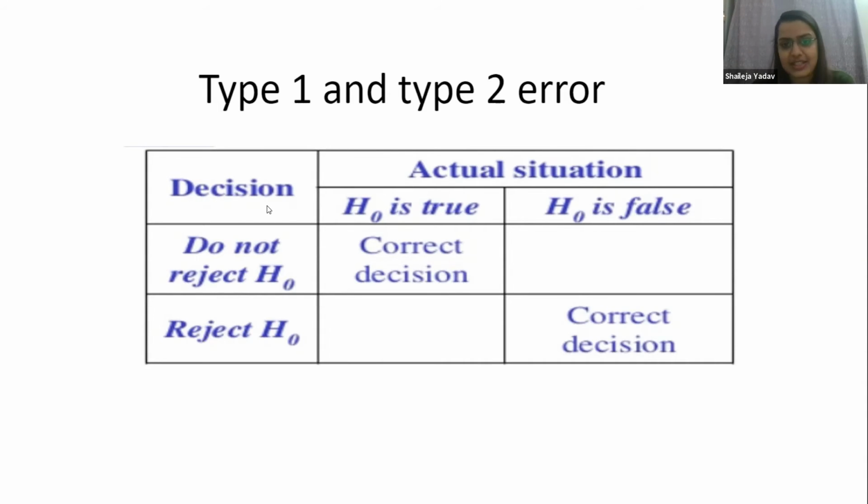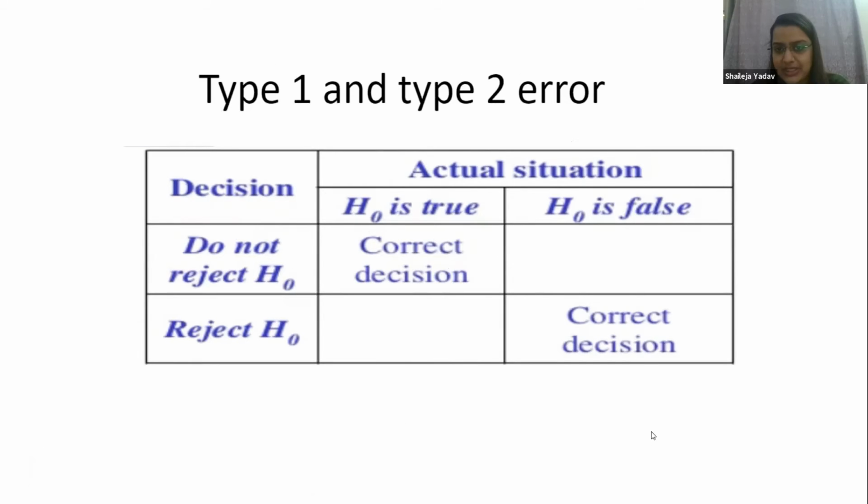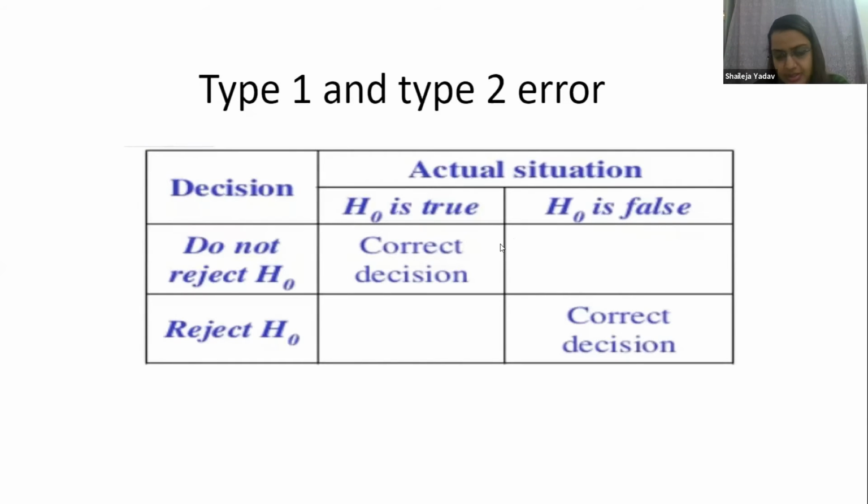So usually this is the condition. There is an actual situation, and this actual situation can be that either your null hypothesis is true or your null hypothesis is false. The decision that you have arrived at is that you either do not reject the null hypothesis or you reject the null hypothesis. If your decision is congruent with the actual situation, that is, when the null hypothesis is true and you have not rejected it, that is a correct decision.